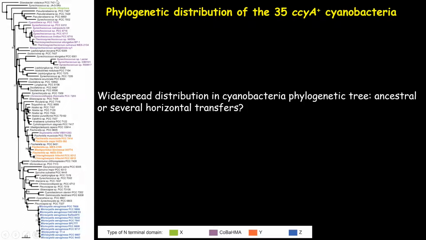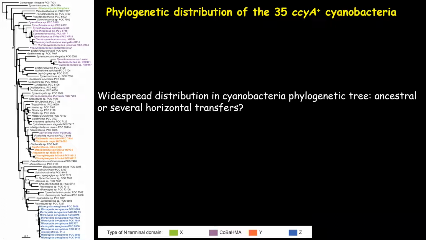So what you see here is some kind of genealogical tree. Each line is a cyanobacterium, and the closer they are in the tree, the more related to each other they are. Phylogenetically close, they are close cousins somehow. In colors, all the colored ones are the ones with the calcyanine, so they are forming the intracellular carbonate.